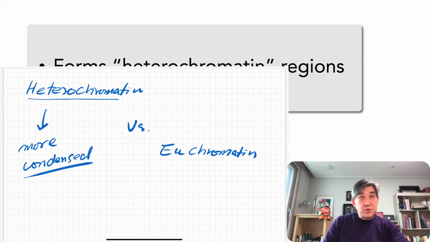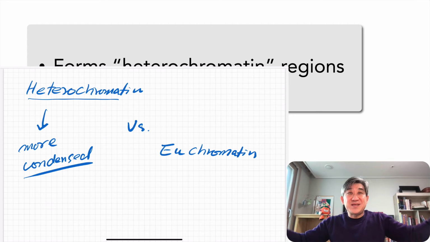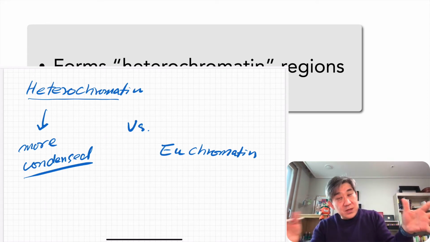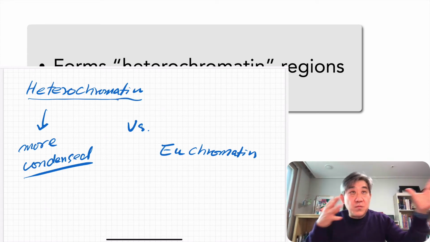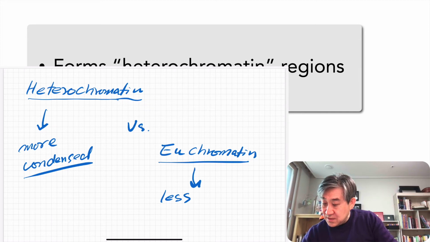Not as much as the chromosome, but compared to chromatin, which we expect to be much less condensed, heterochromatin is a rather more condensed structure, whereas euchromatin is less condensed.